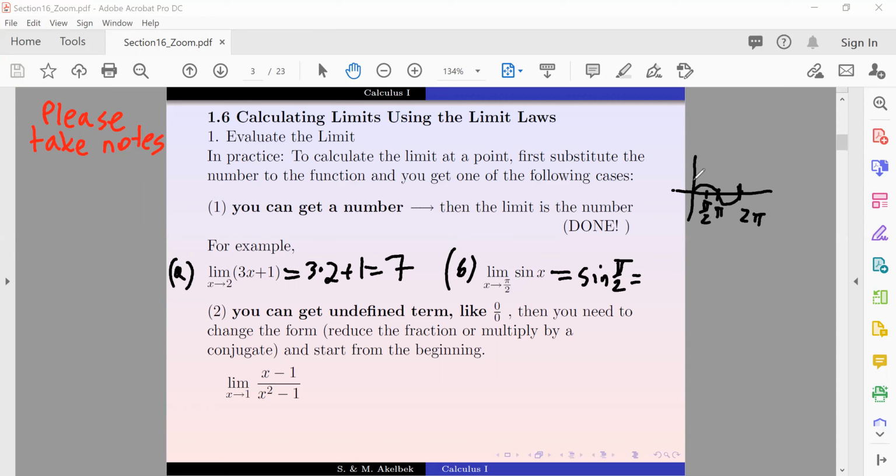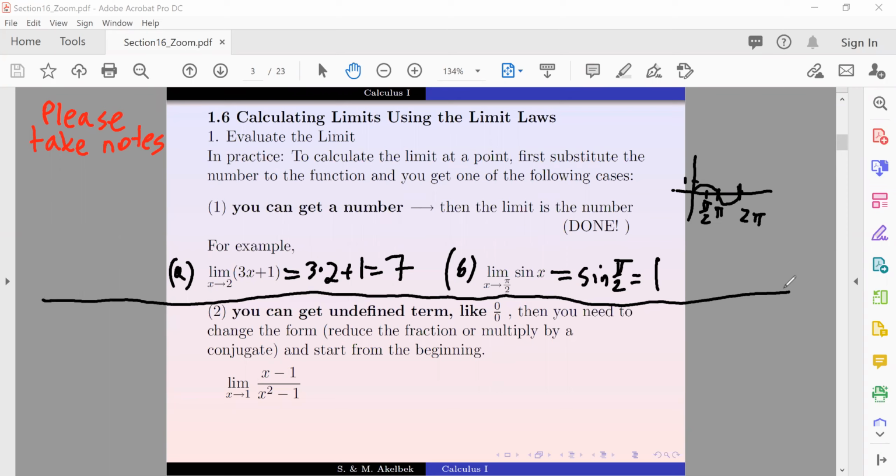So from the graph, we can see clearly that sine pi over 2 is 1. So the limit as x approaches pi over 2 of sine x is equal to 1. So this is the first case that we can get. First case, we always take the number, substitute, and see what happens. We get the number and the limit is done.